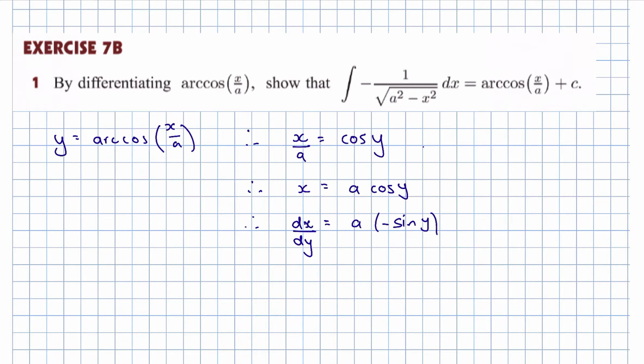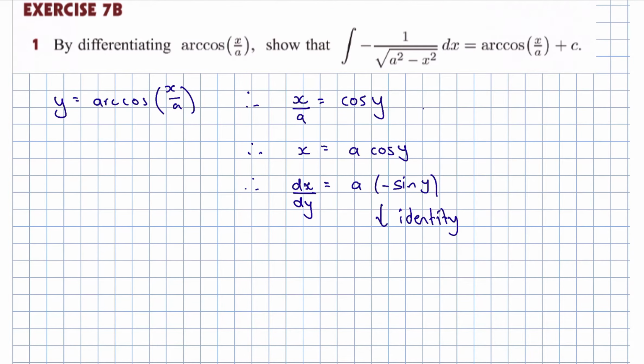Just like in the previous video, we're going to use an identity here. The same identity, but using the sine version of it to turn it back into cosine. The reason we want to turn it back into cosine is that we have values for x in terms of cosine, so I'll be able to put it back in again.